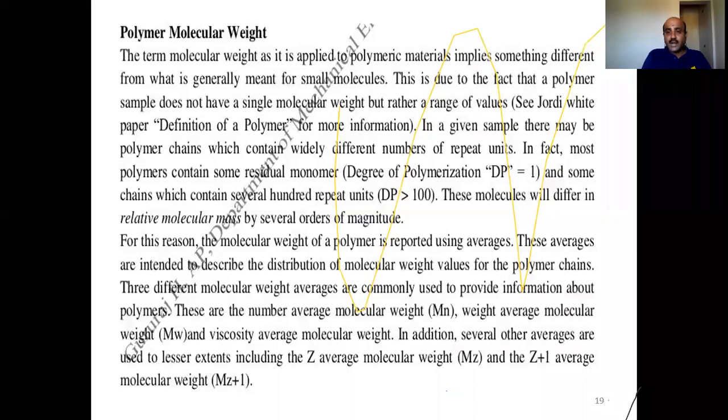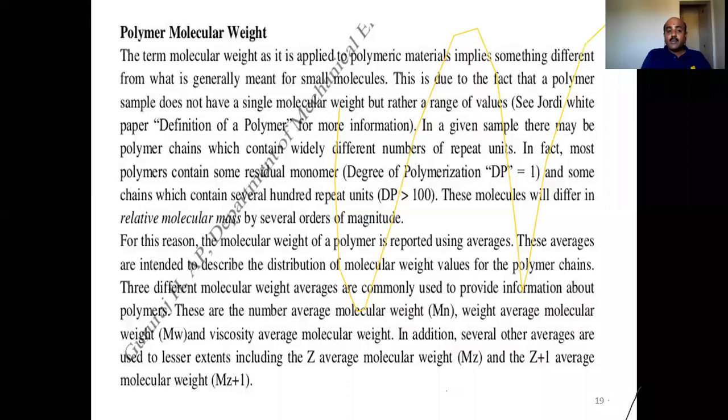but rather a range of values. A range of values means different monomers of different kinds combined together in different ways. This constitutes the variation in the molecular weight. You cannot simply take the molecular weight of each monomer and calculate the total.